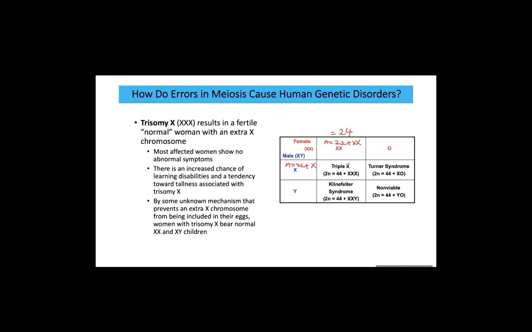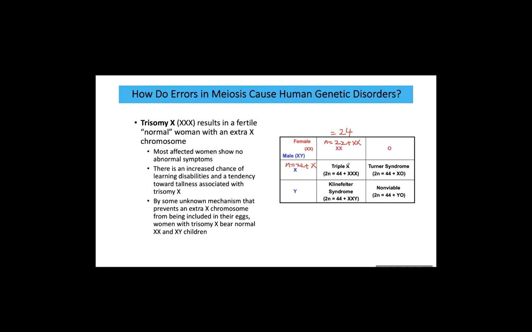It's a normal woman with an extra X chromosome, and no significant symptoms are shown. There is an increased chance of learning difficulties and a tendency toward tallness associated with trisomy X. In other words, females with triple X are very, very tall.